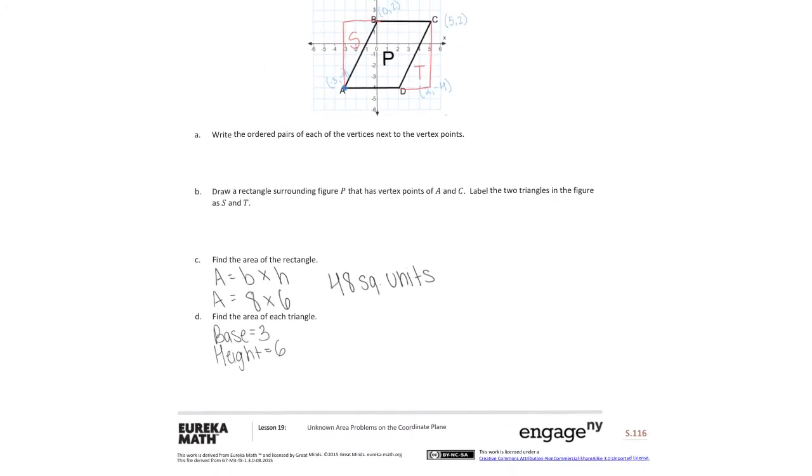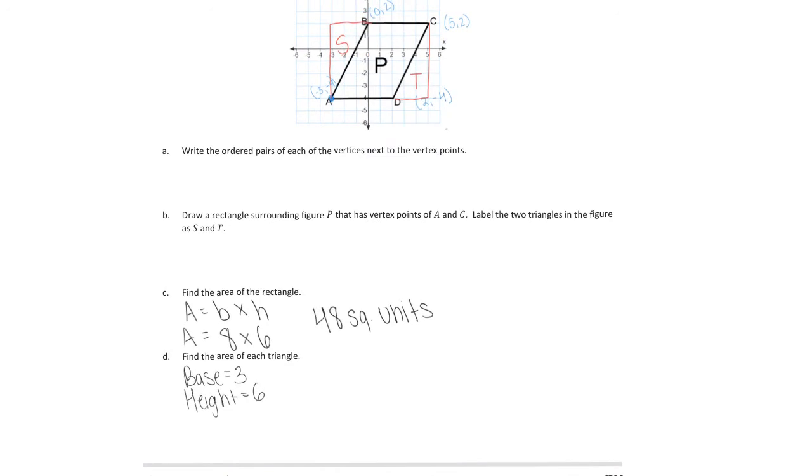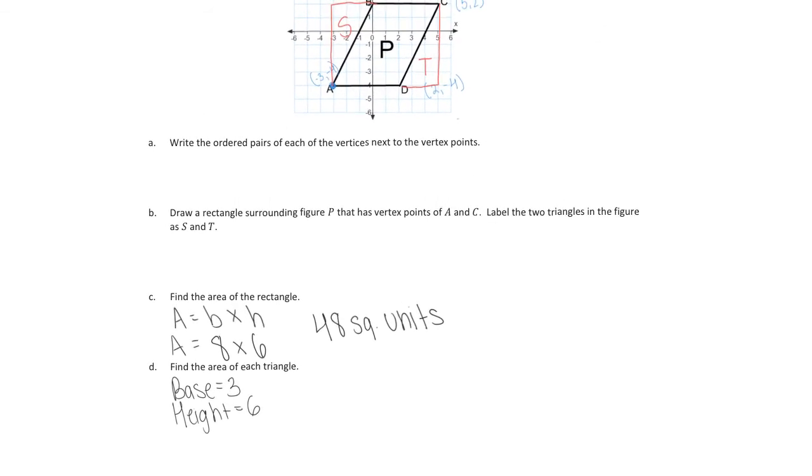When looking at these triangles, triangles are half of a rectangle or half of a square, depending on what kind of shape you're using. So when we solve this, we're going to multiply our base and our height to get the area of the rectangle and divide it by 2 to get the area of a triangle. So the area of a triangle is base times height divided by 2.